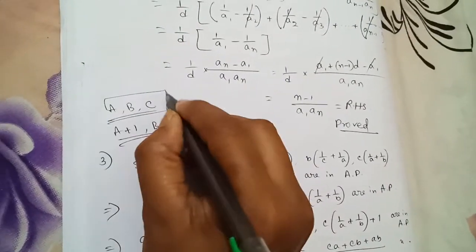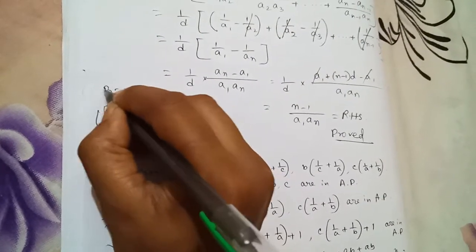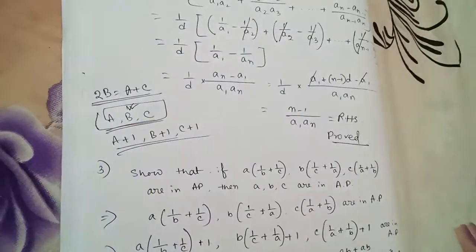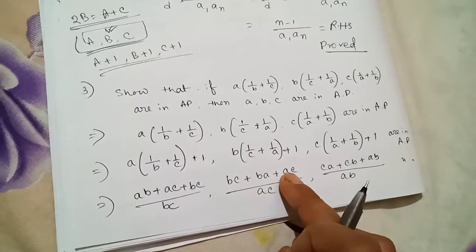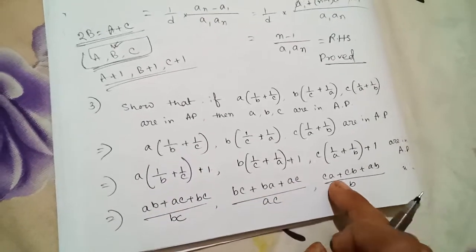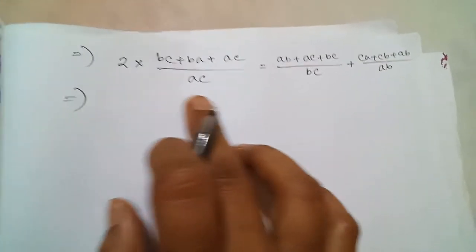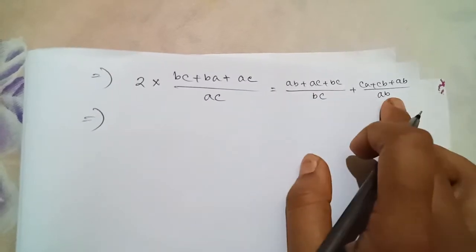Now look, again I am telling, if these three numbers are in AP, then the middle one, B, will be, 2 into B will be A plus C. 2B will be A plus C. That means 2 into the middle one will be first one plus third one. So if we apply that, we will get this: 2 into the middle one is equal to first one plus third one.